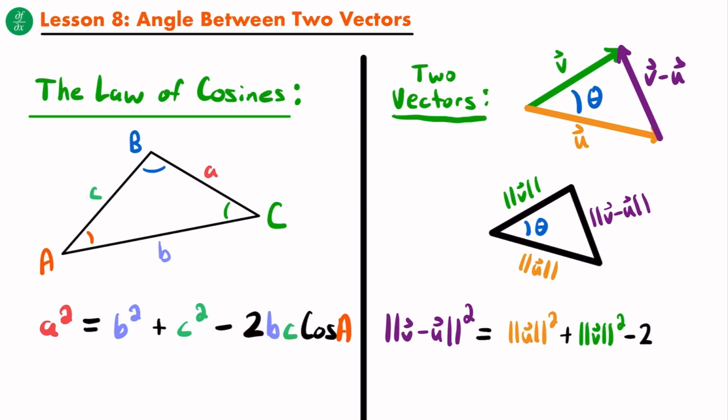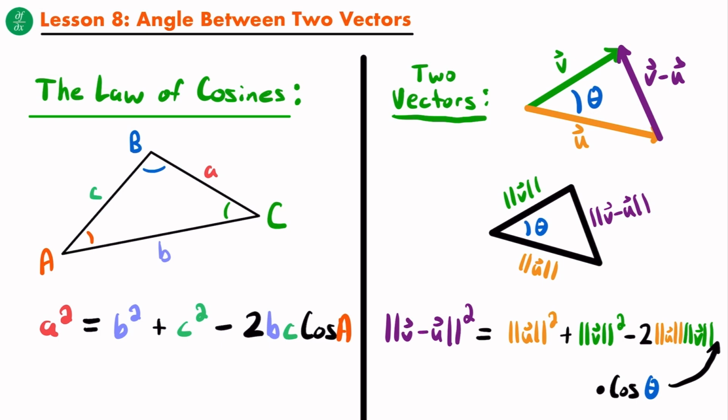So now we're going to multiply by both of those magnitudes again, but they're not squared this time. So we'll have the magnitude of vector u and the magnitude of vector v. Now I'm running out of space here, but after that, what we're going to do is multiply by cosine of the angle we want to find, which in this case is theta. So we'll have cosine theta.